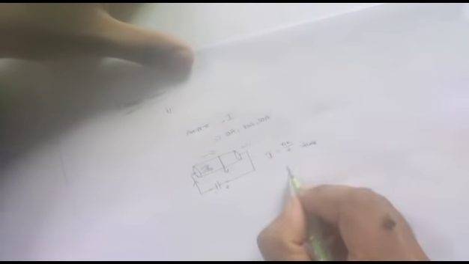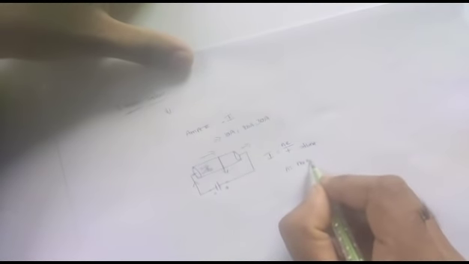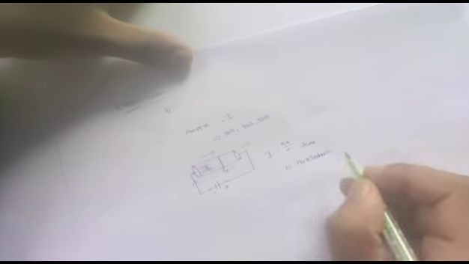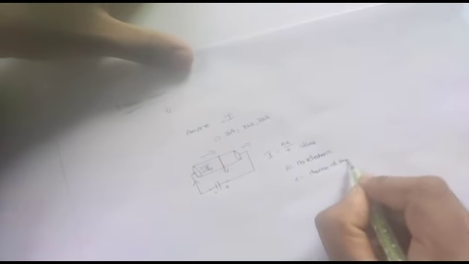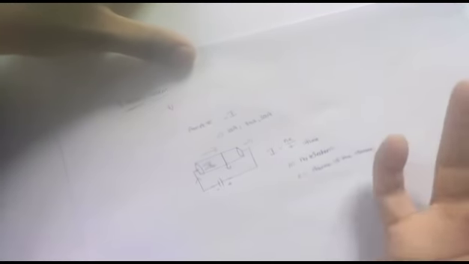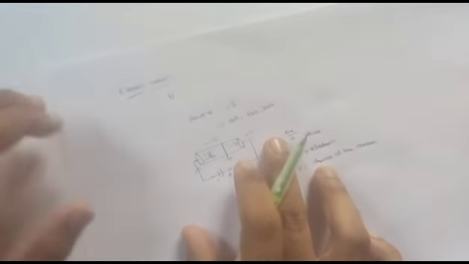N is the number of electrons, and E is the charge of the electron. Let us assume 1 ampere of current is flowing in the circuit. Basically, the number of coulombs per second is simply called a current. So this is the basic about electric current.